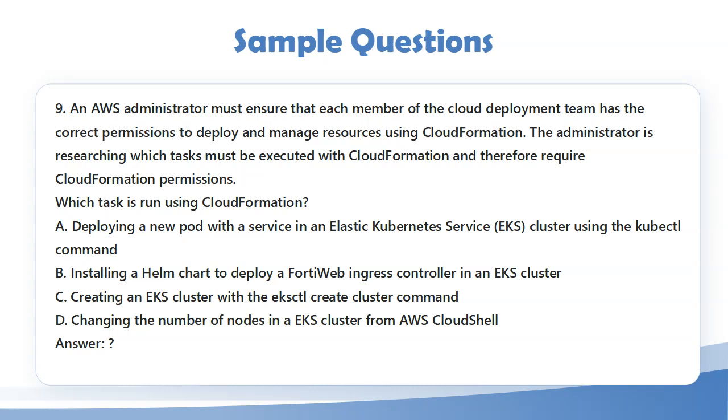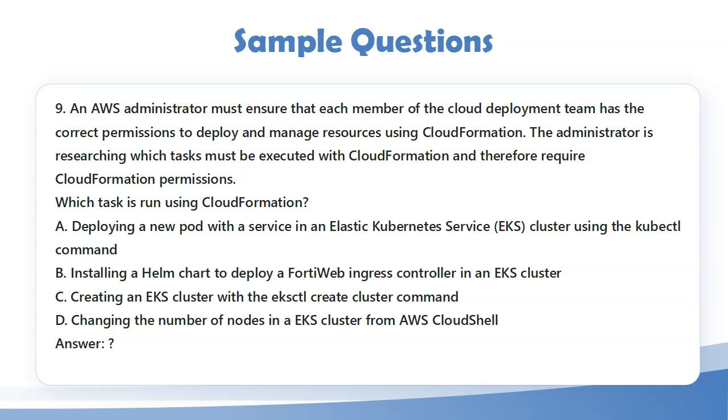9. An AWS administrator must ensure that each member of the cloud deployment team has the correct permissions to deploy and manage resources using CloudFormation. The administrator is researching which tasks must be executed with CloudFormation and therefore require CloudFormation permissions. Which task is run using CloudFormation?